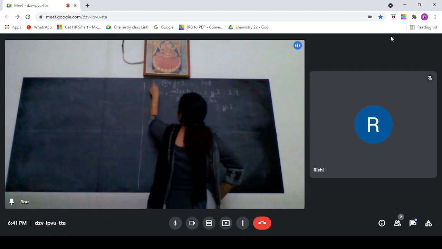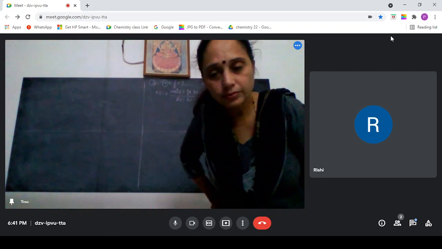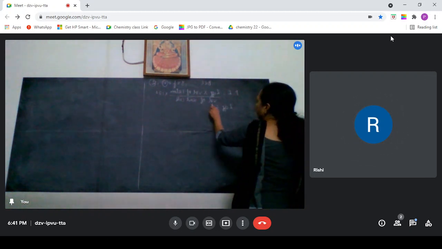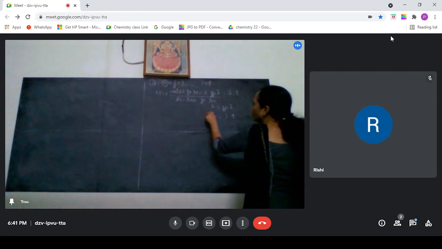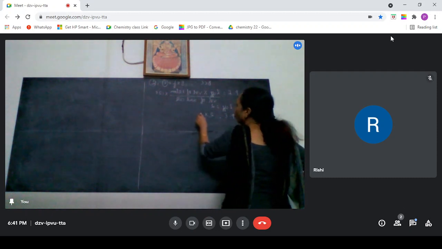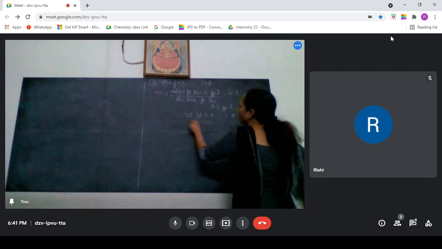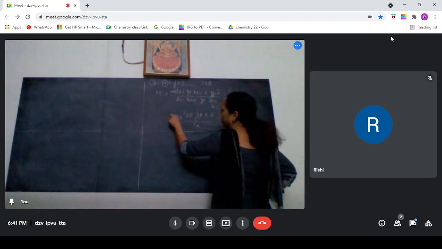So 1 plus 1, 2. Understood, Rishi? Yes, ma'am. Okay. So Z effective is 2. So packing efficiency will be 2 into volume of one atom, again 4 by 3 pi r cube by A cube, it is a cube, so into 100.